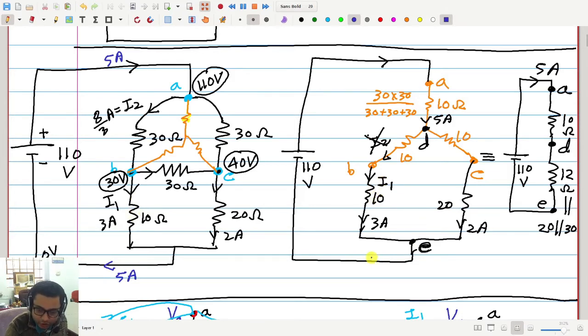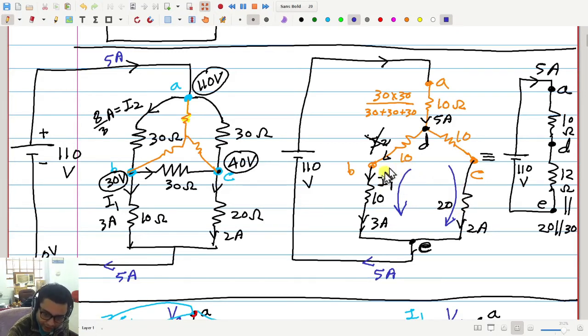Okay, so here also we have 5 ampere, and this 5 ampere is partly coming like this and partly coming like this. Now this part has a resistance of 20 ohm. This part has a resistance of 30 ohm. So now we can apply the current divider rule.